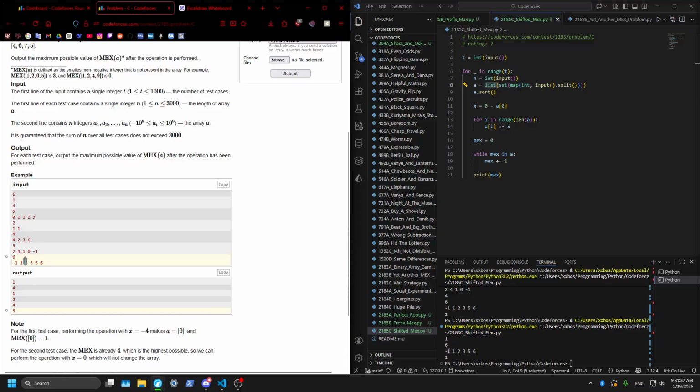Oh, this is a special case where you want to shift it down, right? If you shift it down 1, 0, 1, 2, and then it'd be 3, not 1. This question is quite complicated.